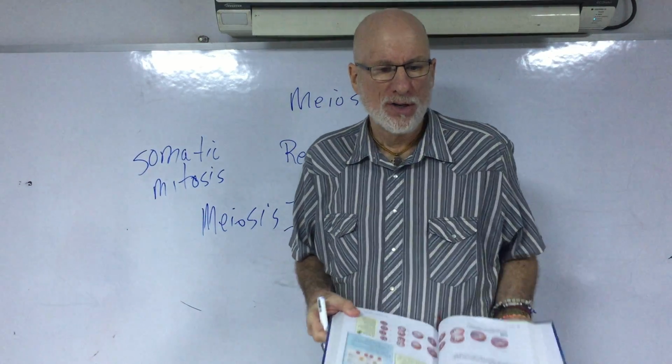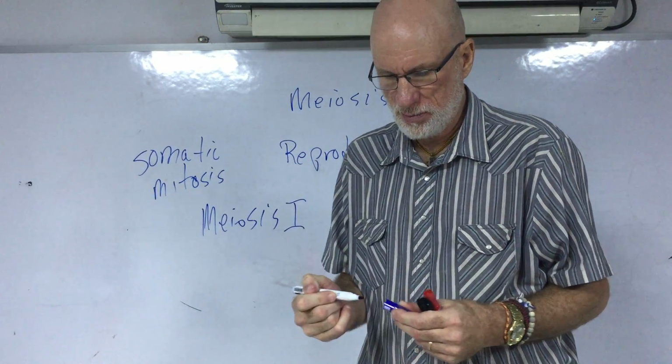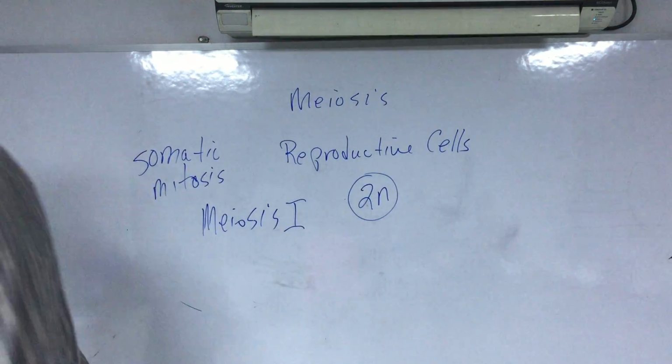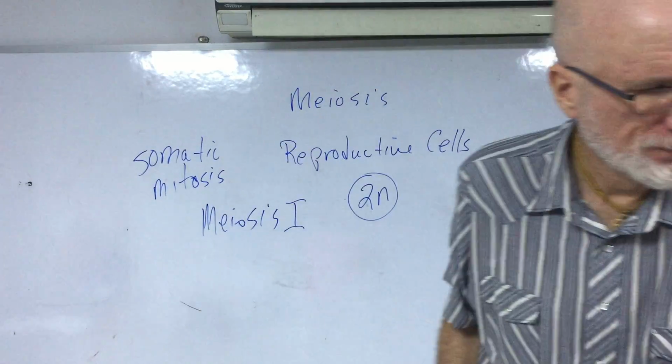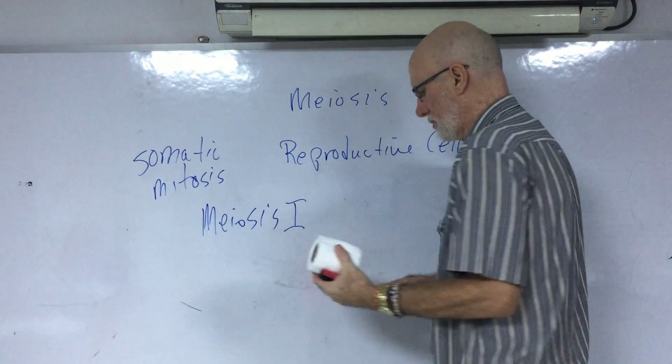Okay? So, in meiosis 1, what does meiosis 1 do? It divides the chromosomes?